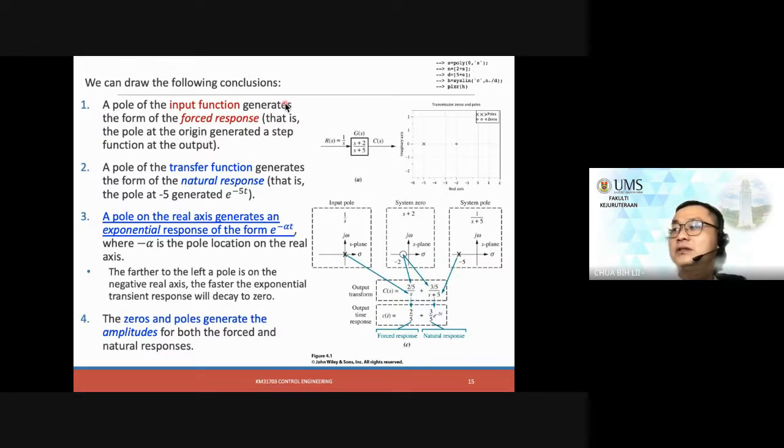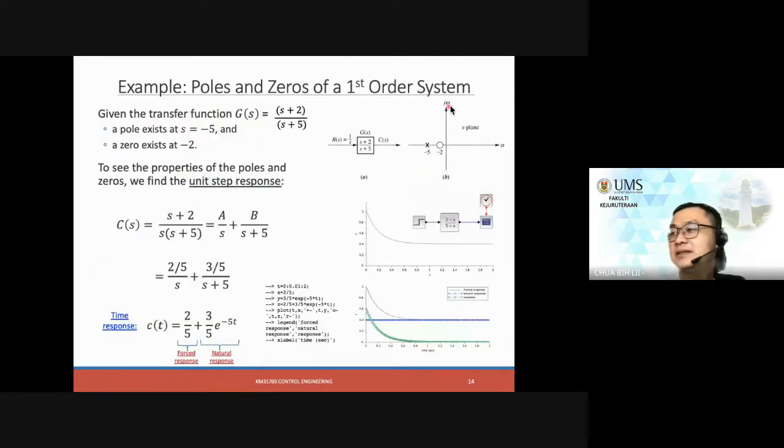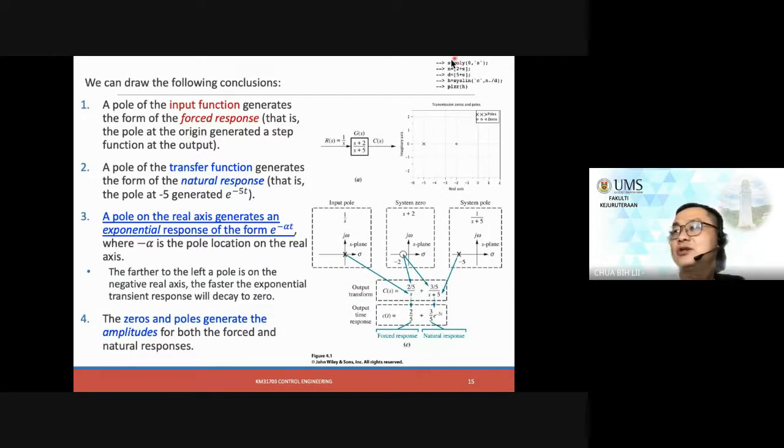Now if you would like to plot the S plane, the previous X plane, you can use Scilab again.